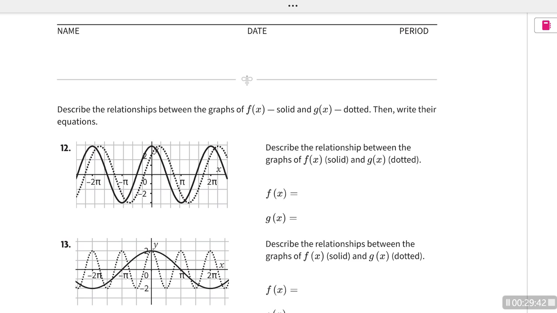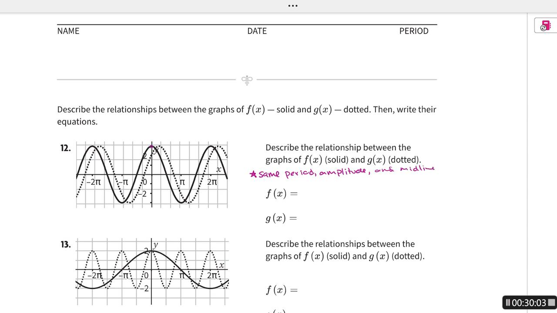So those all look the same, but it looks like one is shifted and the other one is not. So let's jot those down. So same period, amplitude, and midline.